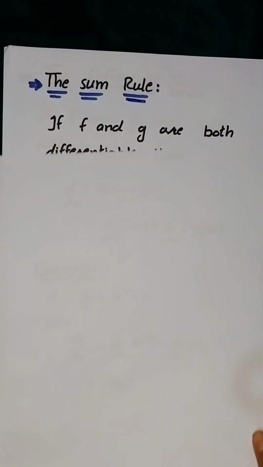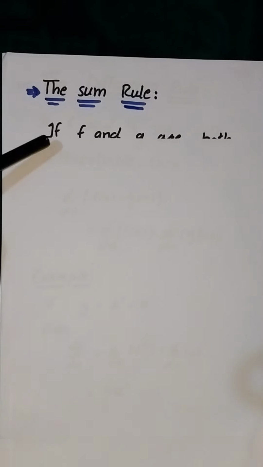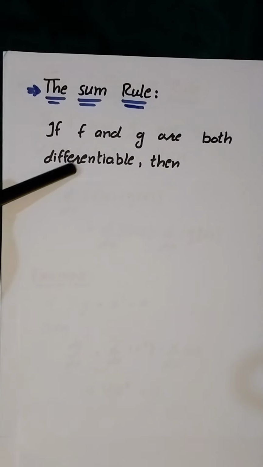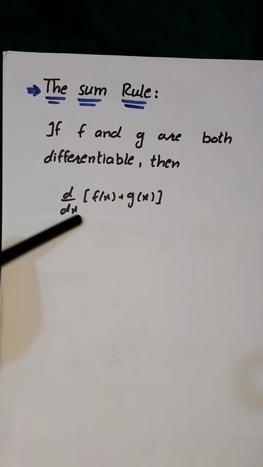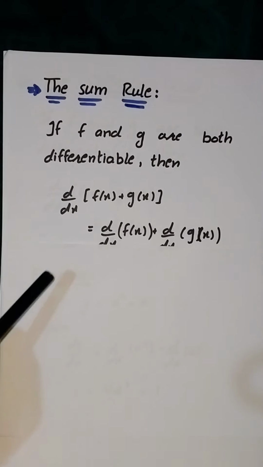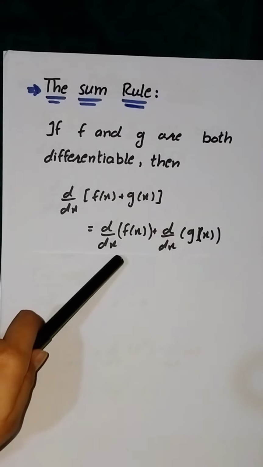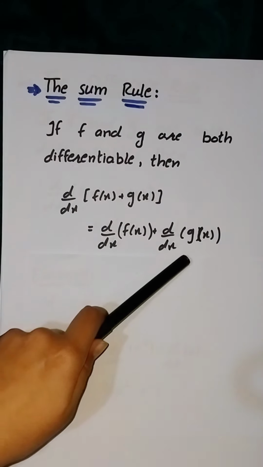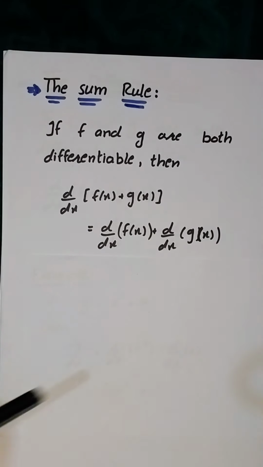The next rule is the sum rule. It states that if f and g both are differentiable functions, then the derivative of f of x plus g of x with respect to x is equals to the derivative of f of x with respect to x plus the derivative of g of x with respect to x.